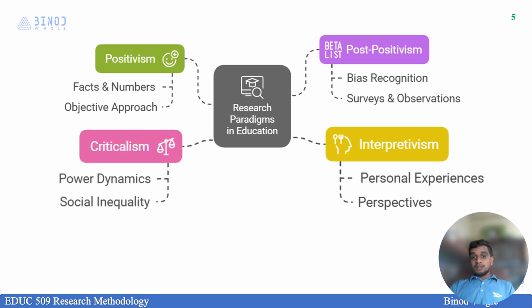The fourth one is criticalism, which studies power, inequality, and social structures. Criticalism critiques. The word is enough to understand this paradigm. The impact of socio-economic class on education can be considered as one of the research examples of this criticalism paradigm.